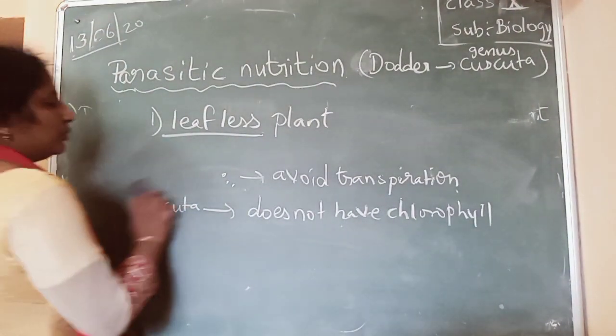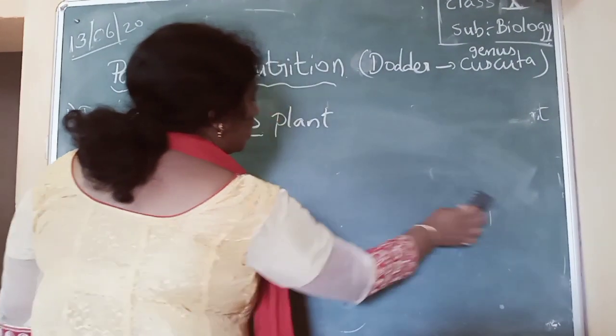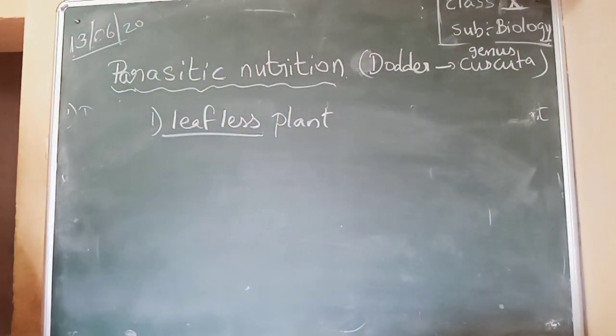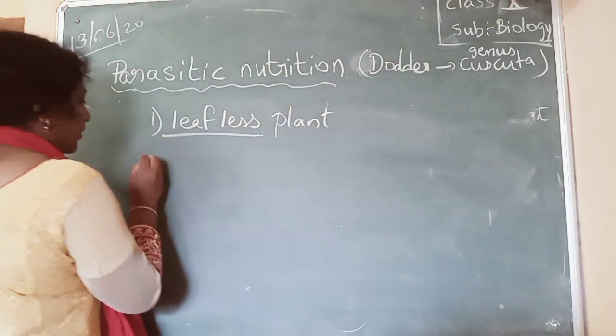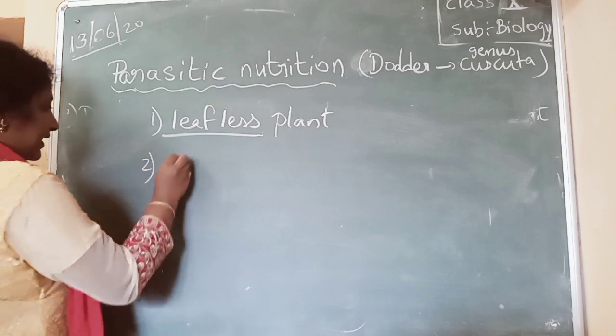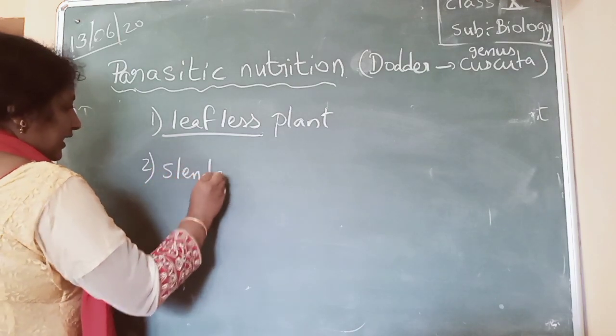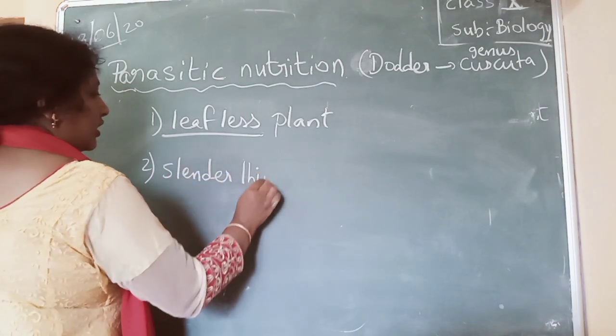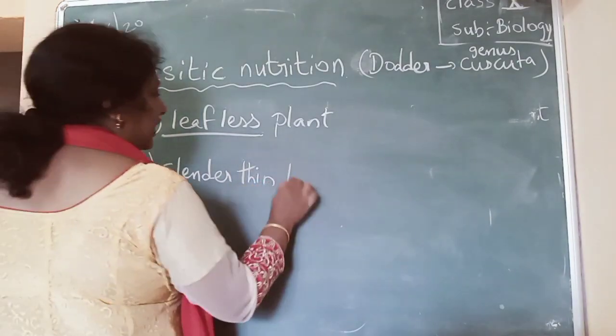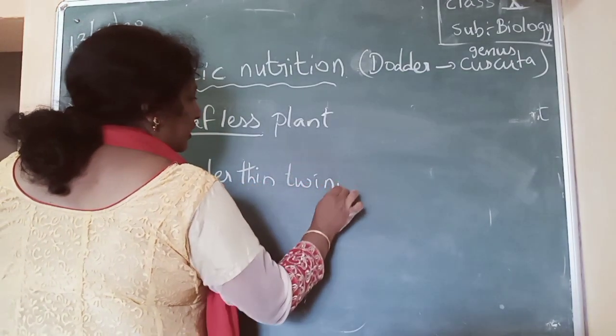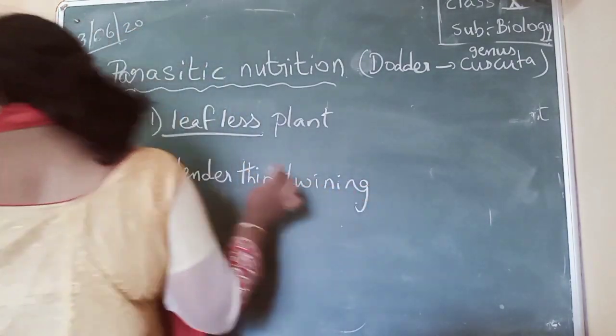Cuscuta has a slender, thin, twining stem.